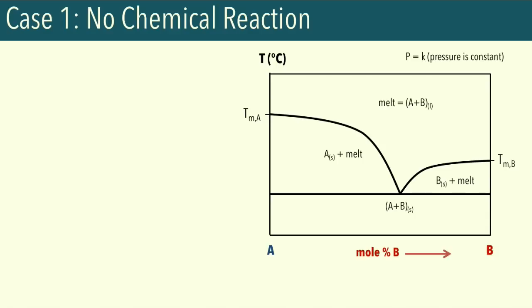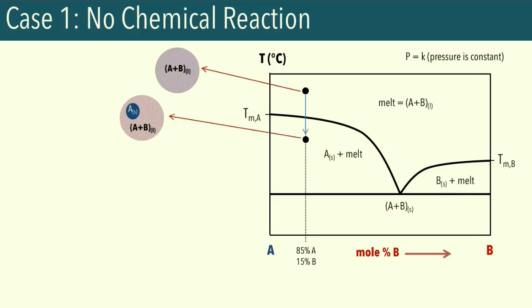Let's say that we start with a liquid mixture that is 85% A and 15% B. We'll start at this high temperature over here. Initially we have a homogeneous liquid mixture of A and B. As we decrease the temperature to below the melting line, we see that we have solid A and melt.